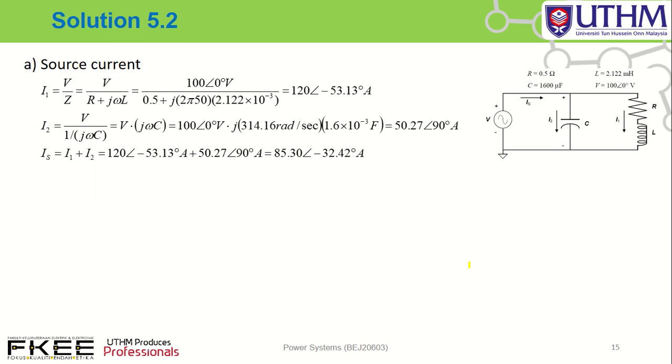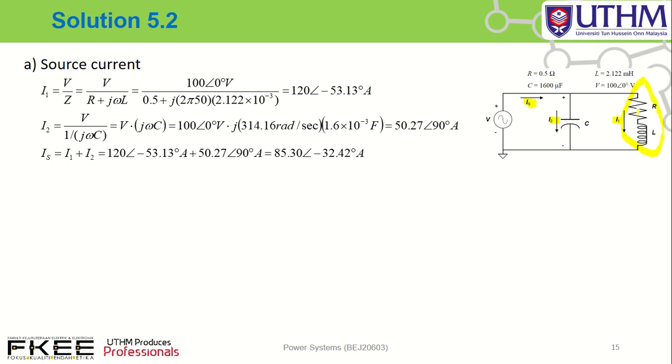Okay, let's solve. First of all, we need to determine the source current, IS. How to determine IS? Because IS equal to the summation of I1 plus I2. So first you need to determine I1.